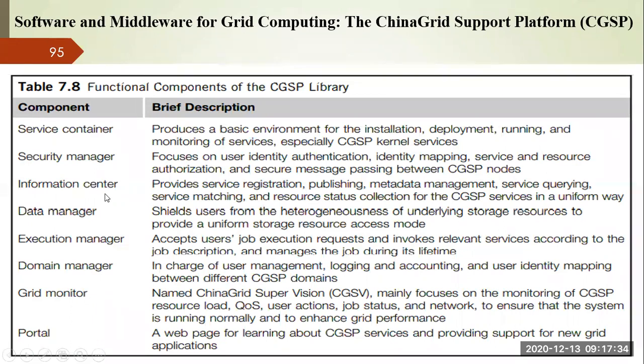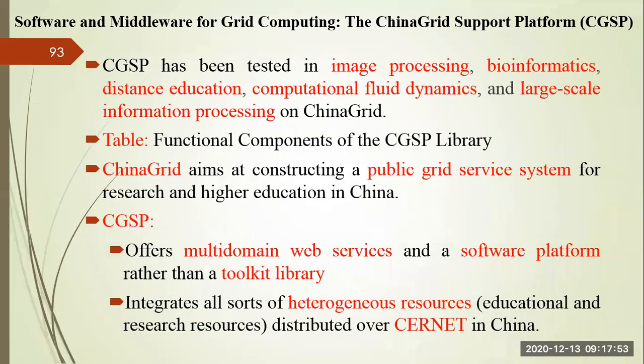Many things are coming, like quality of services, how you are going to deploy the services, how to make secure communications, how to maintain metadata management, and how users will communicate with heterogeneous resources. All are supported by our CGSP.